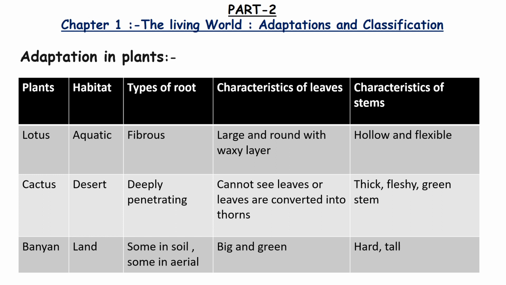Its habitat is desert. As we know that desert is a place where there is lack of water. That's why the type of root of the cactus are deeply penetrating. Why it is deeply penetrating?